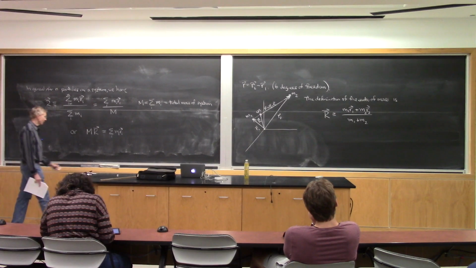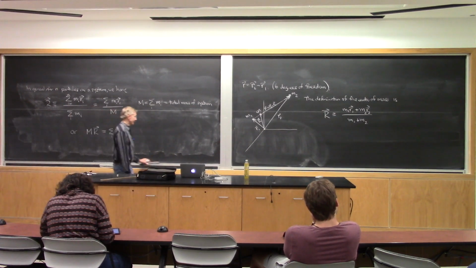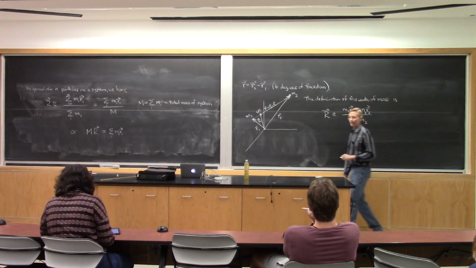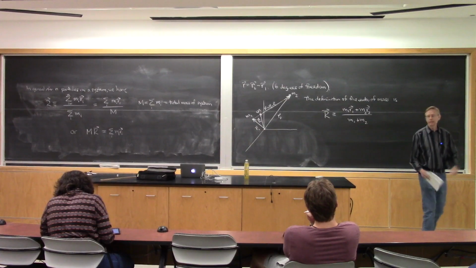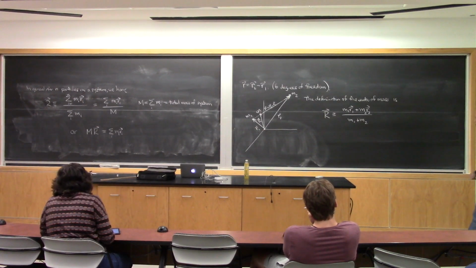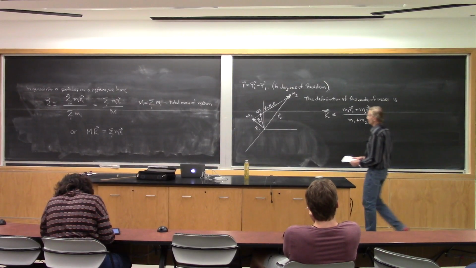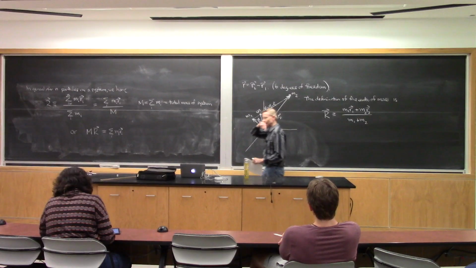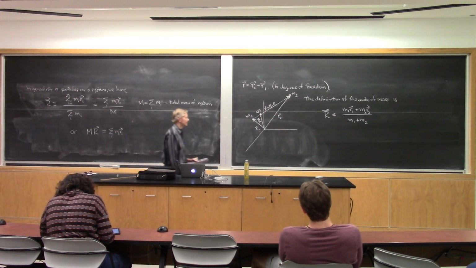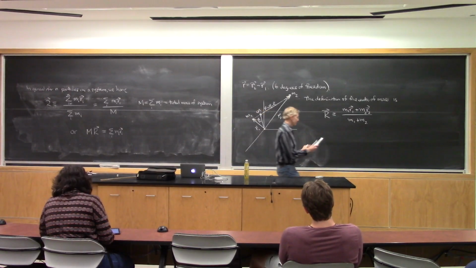And again, one can show that the point in space represented by the center of mass is independent of the choice of origin. You'll always get the same location in space. Of course, with different origins, the vectors themselves will be different, but the position itself in space of the center of mass is always exactly the same.